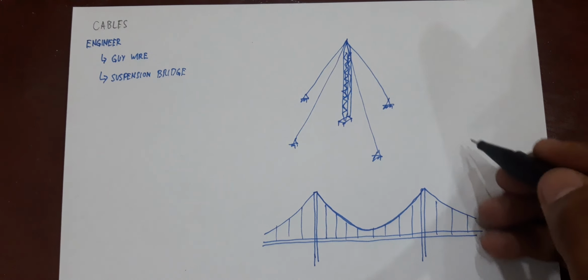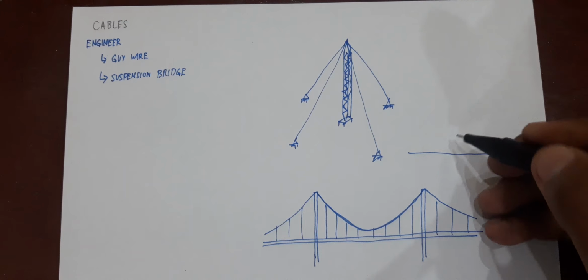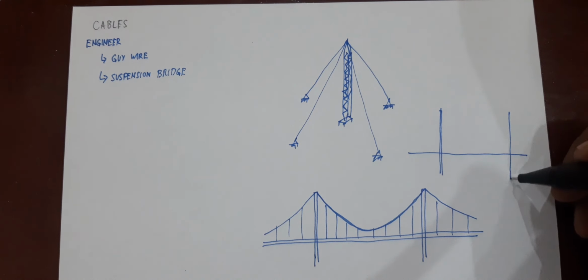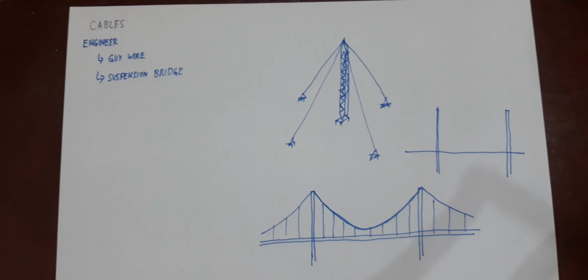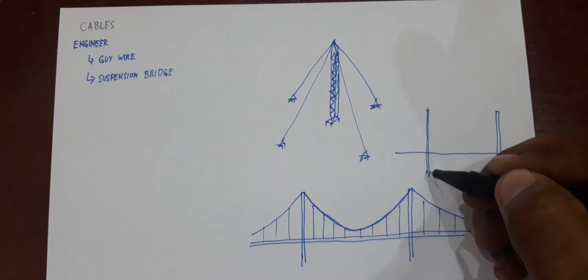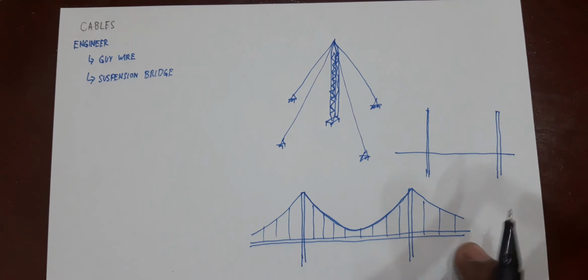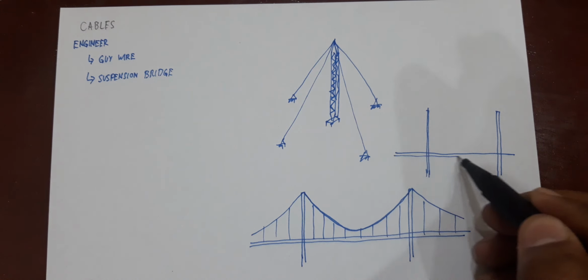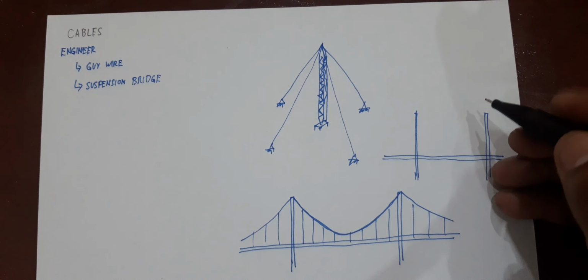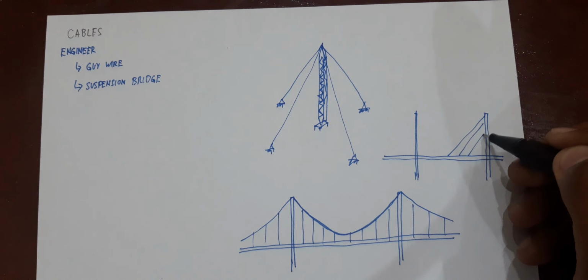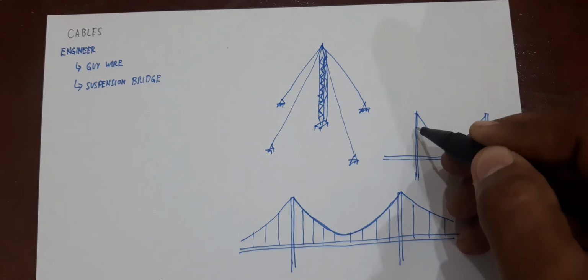Another type of support for bridges would be the cable stayed bridge. The difference between a cable stayed bridge and a suspension bridge is the way these cables are installed. For a suspension bridge it is something like this: your bridge deck is suspended, while for a cable stayed bridge, your cables are installed as such.